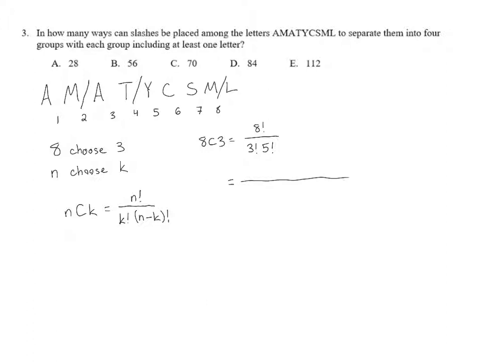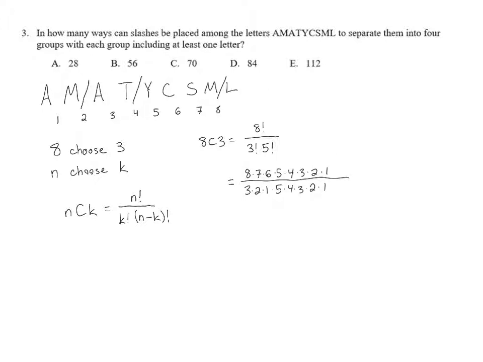Now, a number factorial is the product of all of the whole numbers between that number all the way down to 1. So 8 factorial is 8 times 7 times 6 times 5 times 4 times 3 times 2 times 1. 3 factorial is 3 times 2 times 1. And 5 factorial is 5 times 4 times 3 times 2 times 1. And we need to figure out what this equals.